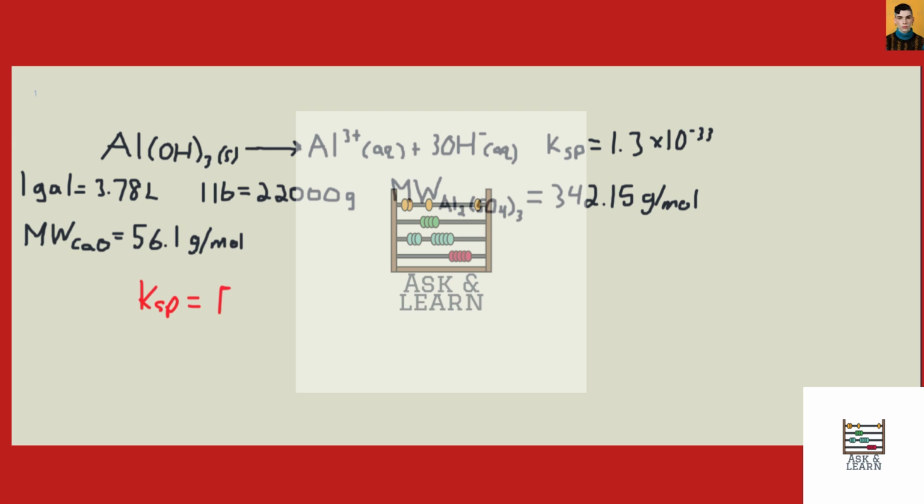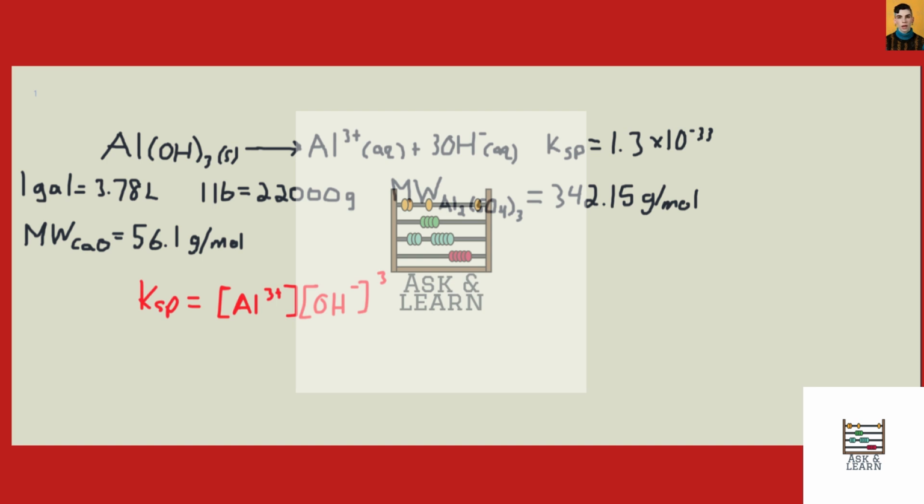So let's set up our Ksp reaction. Ksp is going to be the concentration of Al3+ times the concentration of OH minus to the third.